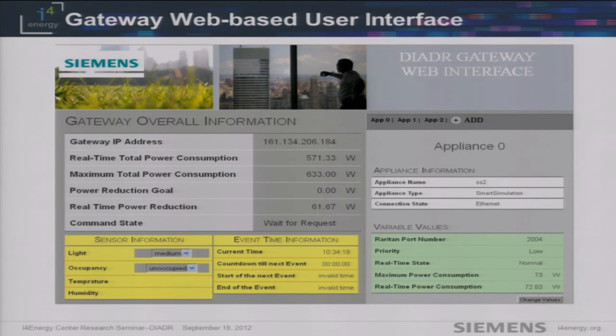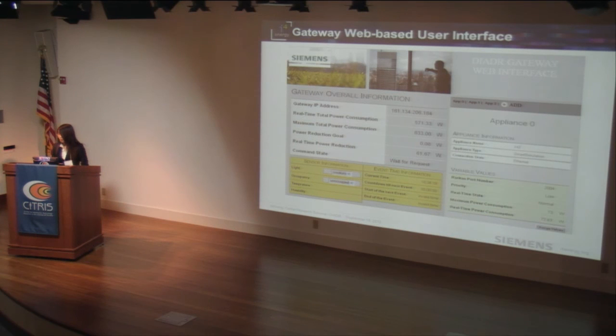That means if I get an event from the SEB, for example, you want me to reduce 500 watts for the next 15 minutes, this block would show you the start and end of that time, and when the gateway wants to apply control. That's how I expect some of my appliances might be turned off.